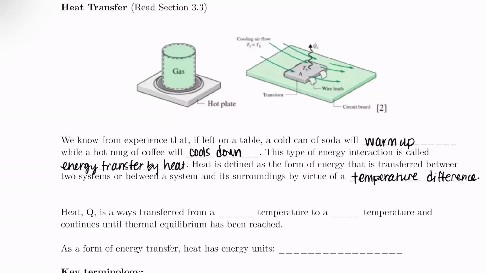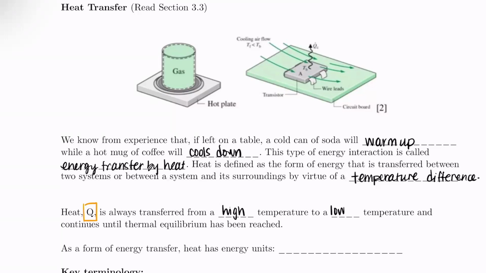All right, we are going to give heat a variable, and that variable is going to be Q. And heat is always transferred from a high temperature to a low temperature. And this is going to continue until thermal equilibrium has been reached.